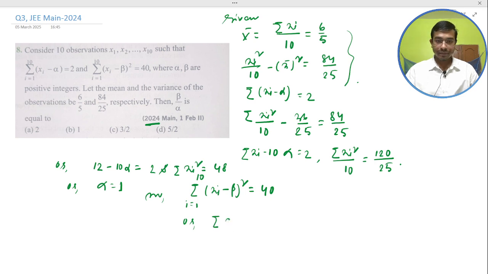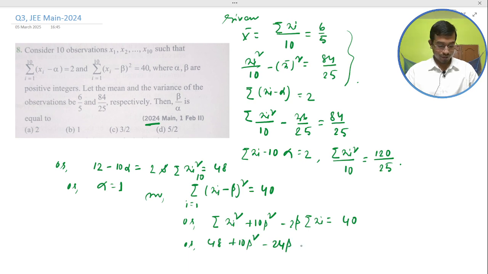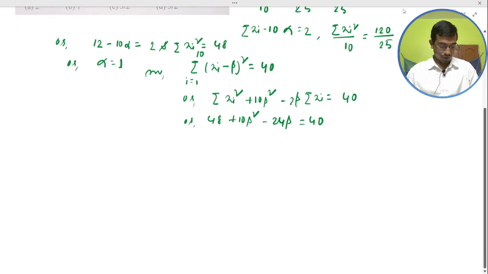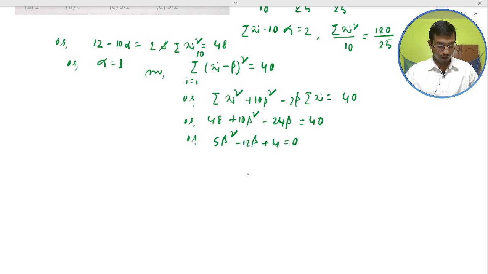Or summation xi square plus 10 beta square minus twice beta summation over xi, this is 40. Or 48 plus 10 beta square minus 24 beta, this is 40. Or you would get the quadratic equation 5 beta square minus 12 beta plus 4 equal to 0.